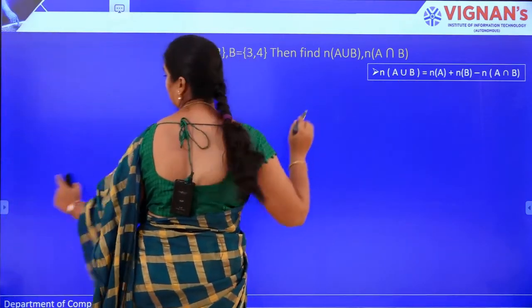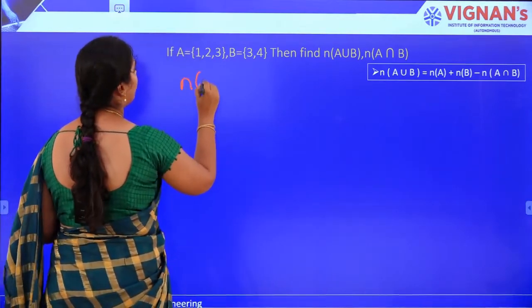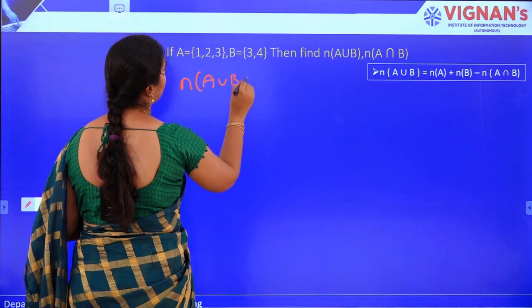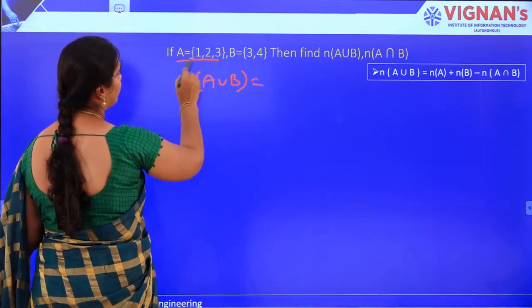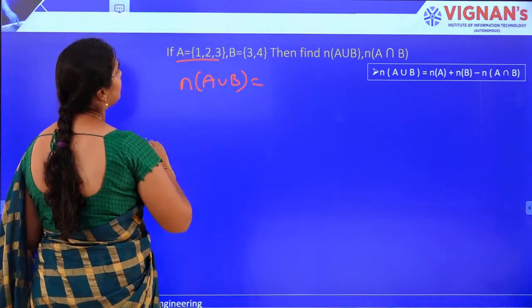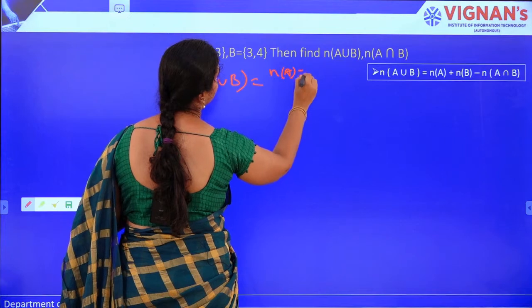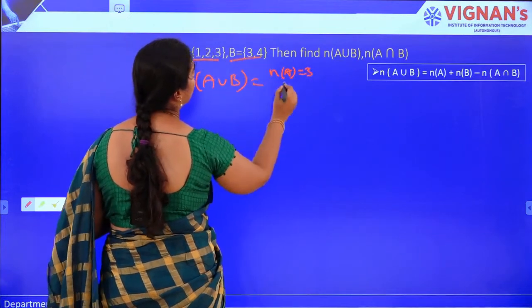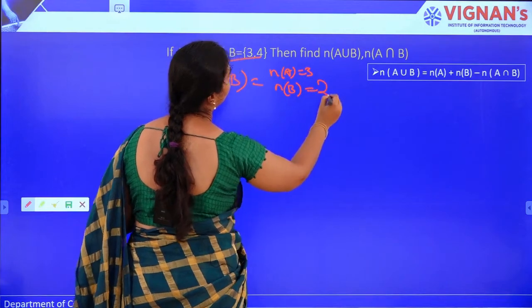Now we are going to find n(A ∪ B). If you look at the things given to us, the number of elements present in A is 3, so n(A) is 3 and n(B) is 2.